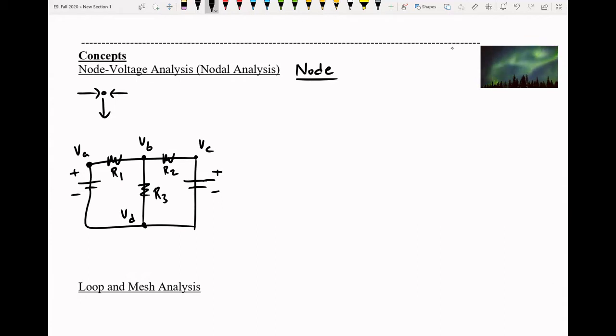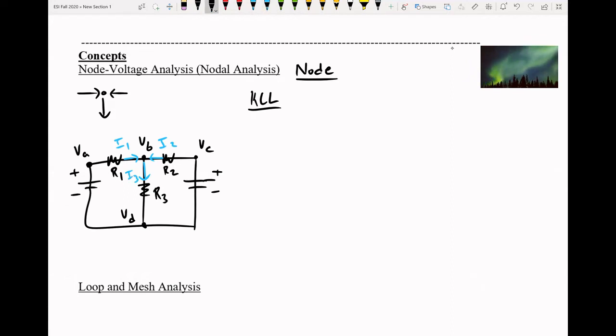So to do nodal analysis, we're going to combine some previous knowledge that we had. The first part of this is going to be KCL. So what we're going to assume is that we have our currents entering and leaving like such. And we'll say this will be I1, this will be I2, and this will be I3.